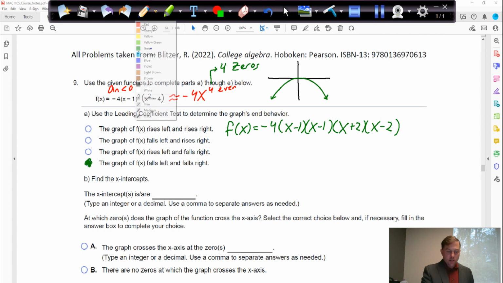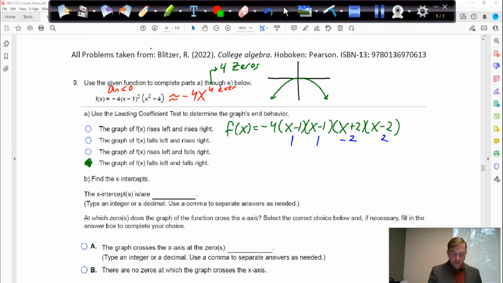Okay, and if I look at this, the zeros are going to be 1, 1, minus 2, and positive 2. So notice I have two 1s. So I have 1, I only need to write one of them for the homework, minus 2 and 2. So I'm going to record that that 1, there's two of them, so it's multiplicity 2. That minus 2 I only had 1, so it's multiplicity 1. And this positive 2 I only had 1, so it's multiplicity 1.